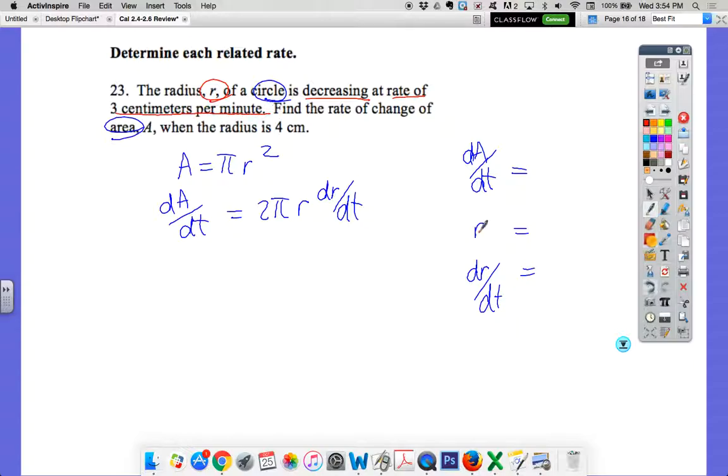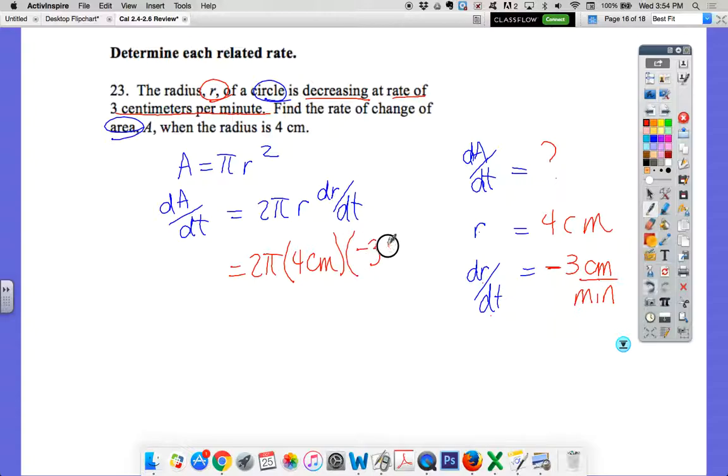So it's not the r part, it's the rate for r. So it's decreasing 3 centimeters per minute. Okay, so find the rate of change of the area, that's what we need, when the radius is 4 centimeters. So if we come in here and replace the items that they gave us, radius is 4 centimeters.